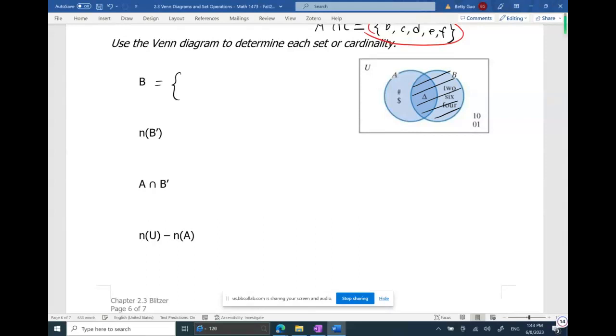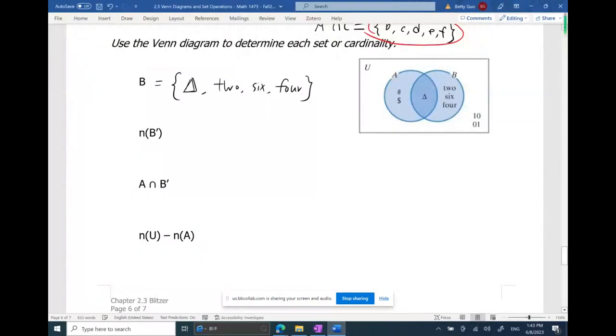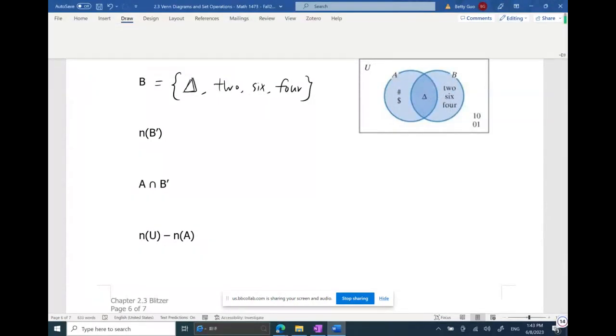In this circle, as you can see, we have 1, 2, 3, 4 elements. We have this delta notation, we have order 2, 6, 4. And that is set B.